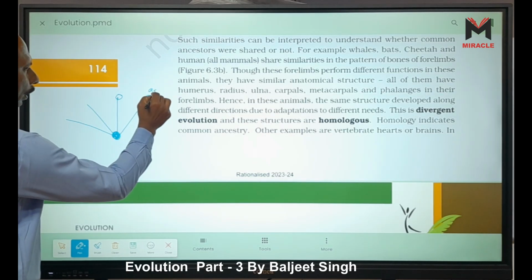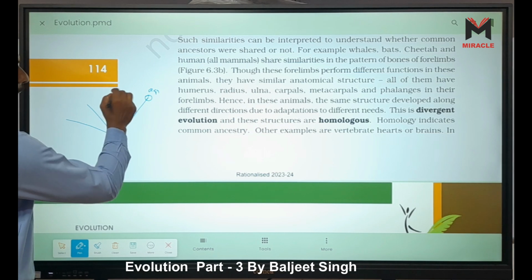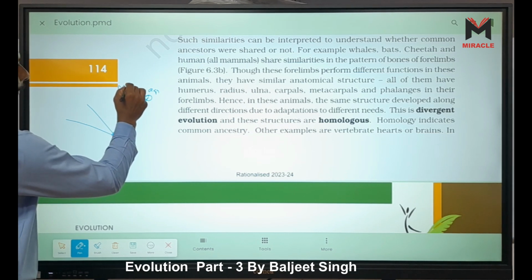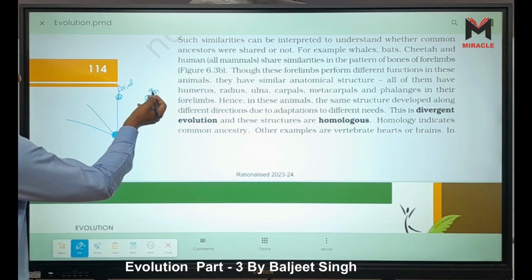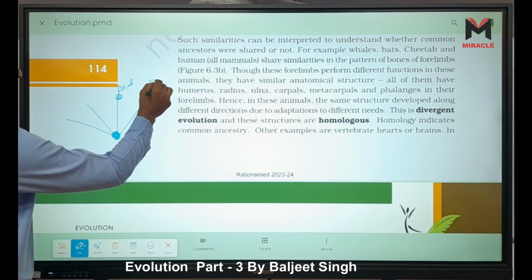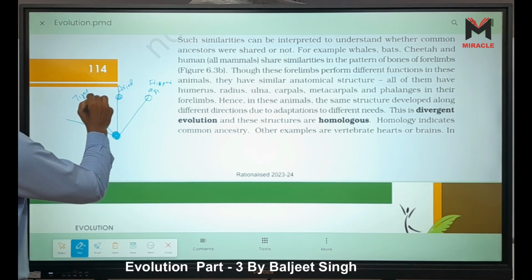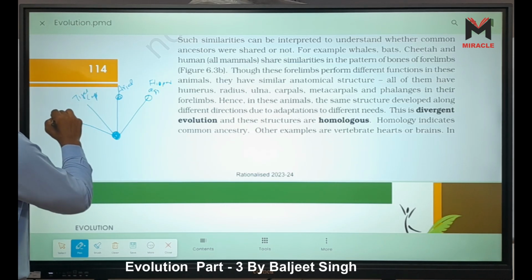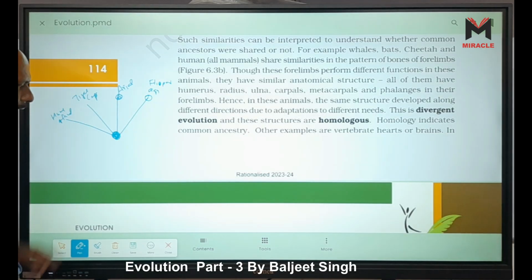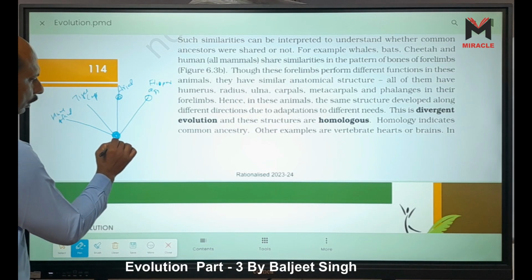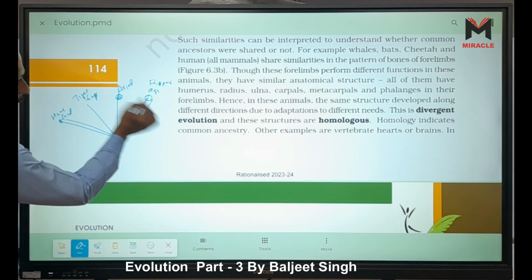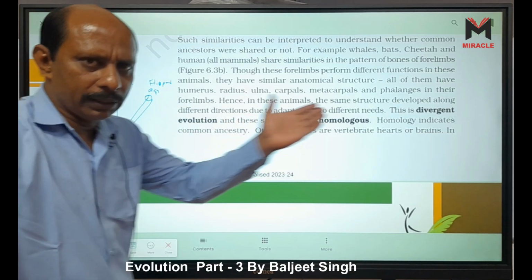Whale, aquatic. Bat means aerial, right? Wings are formed. Here flippers are formed, right? Tiger means for running, so legs are formed. And human means hands are formed. So the same origin, different forms.